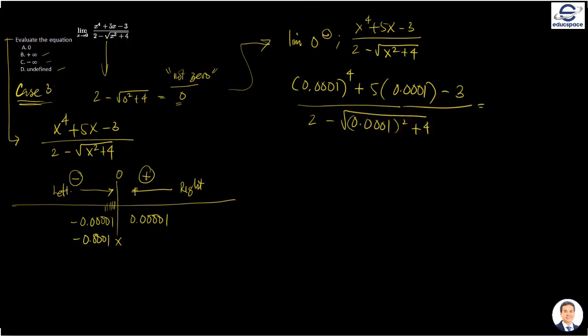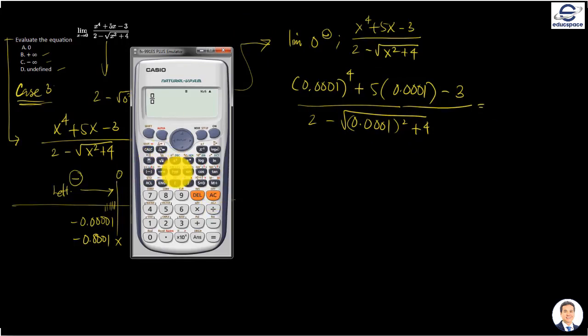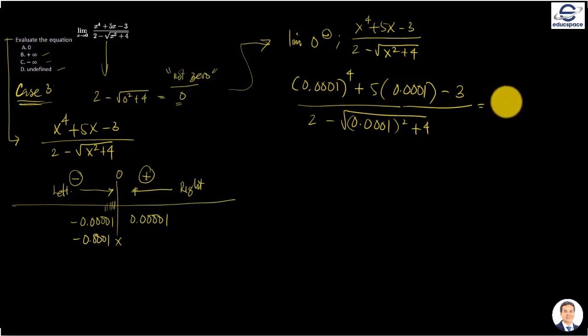So using our calculator, we can easily solve this. 0.0001 raised to the fourth, plus 5 multiplied by 0.0001 minus 3, over 2 minus the square root of 0.0001 squared plus 4, equal sign. So we have a huge number. We can take this as positive infinity.